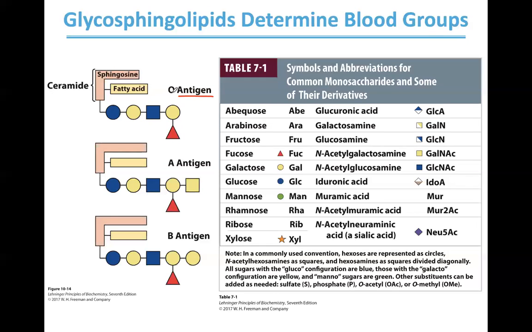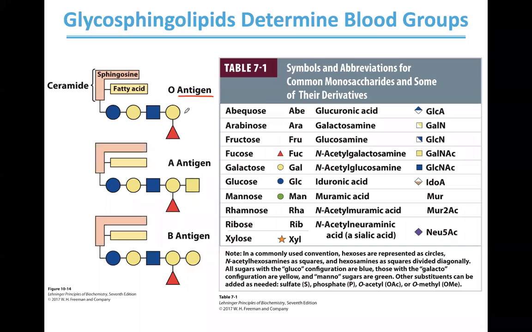So people with the blood type O, since there's nothing else, will have zero antigens. There's no antigen here. People with the A blood type will have an additional sugar here, N-acetylgalactosamine, shown here. Okay, people with the B antigen will have additional galactose.